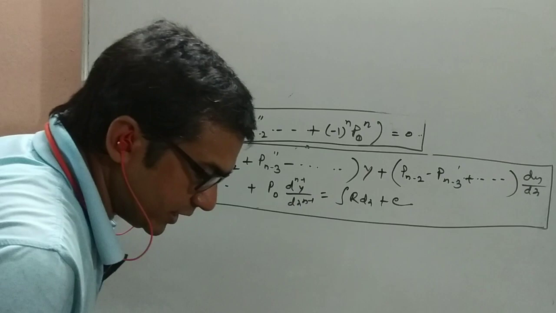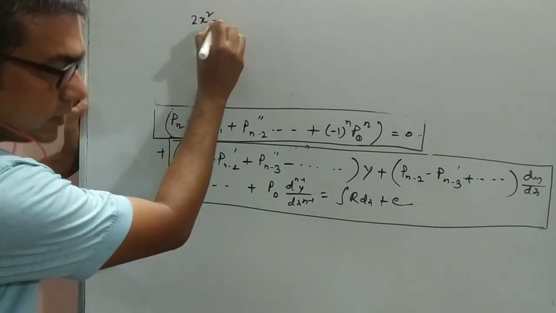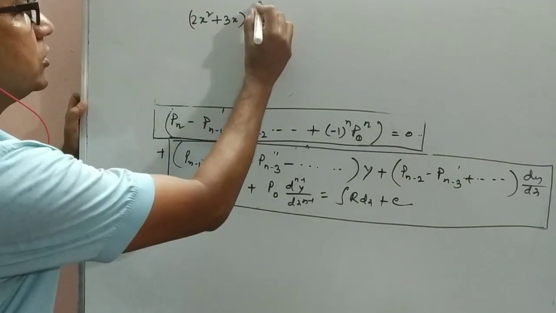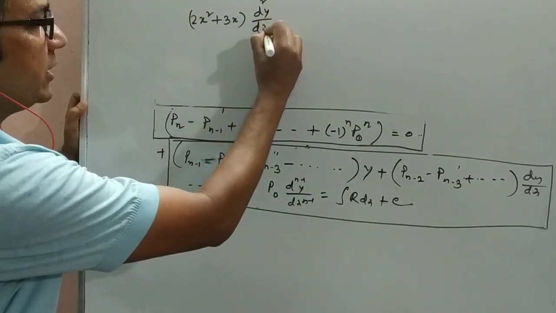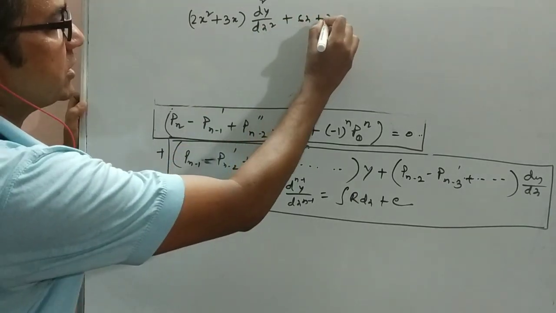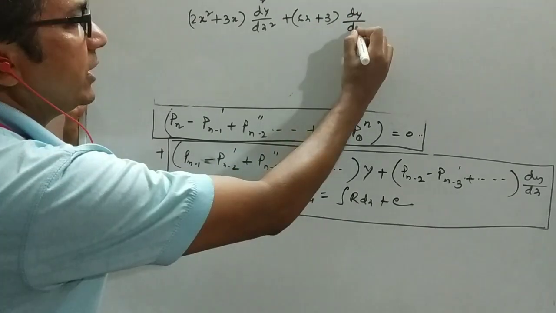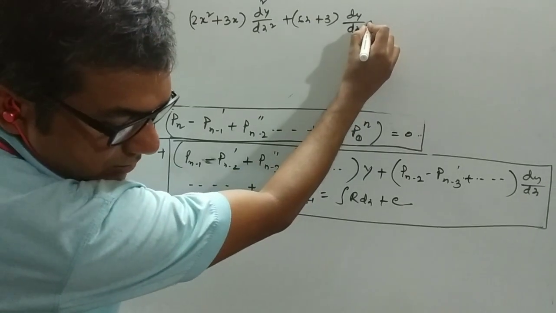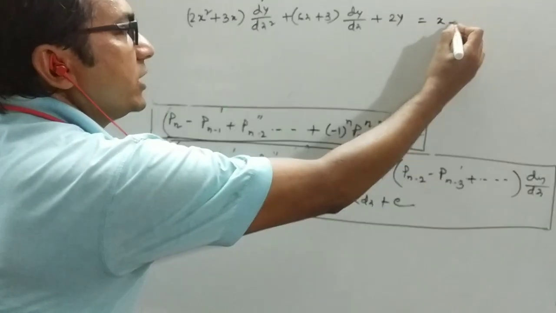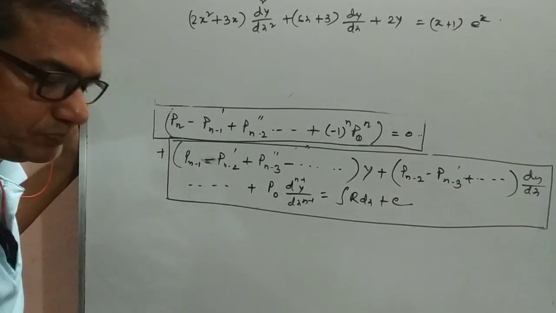Here we consider example 2: (2x² + 3x) d²y/dx² + (6x + 3) dy/dx + 2y = (x + 1) e^x, right?